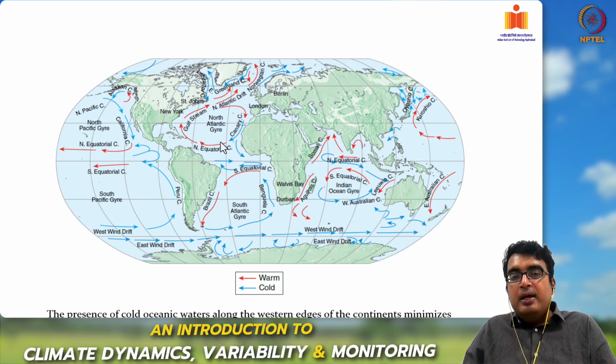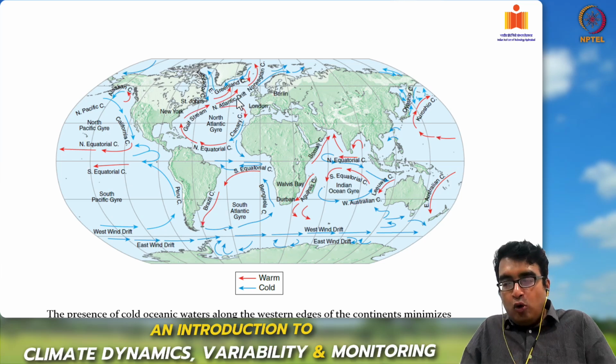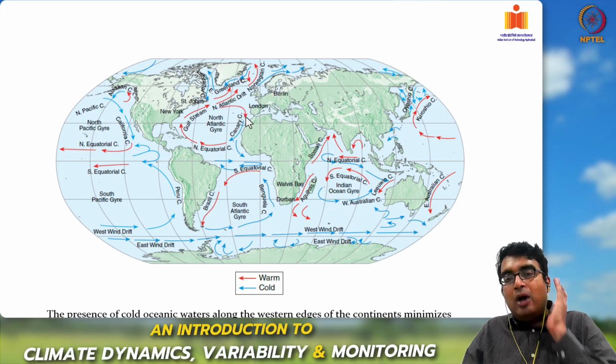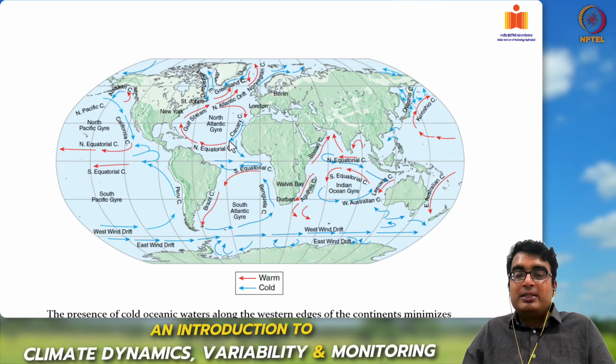These gyres are responsible for transporting warm waters that are near the equator up along the eastern coasts of the continents, and then as these ocean currents cool in the mid latitudes, transporting these cold waters that are in the mid latitudes down towards the equator along the western coasts of the continents.